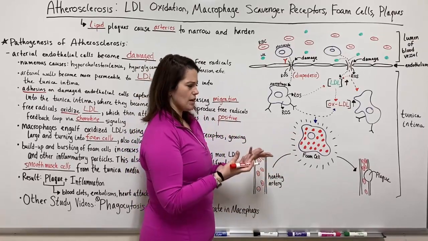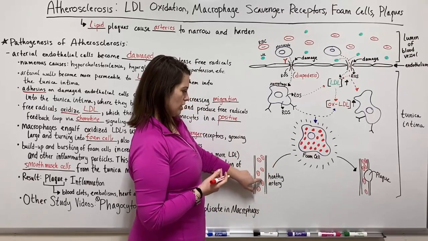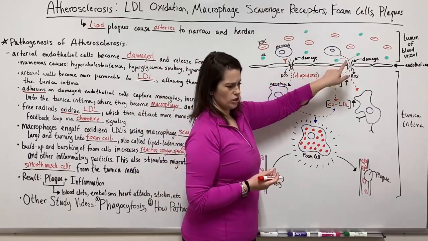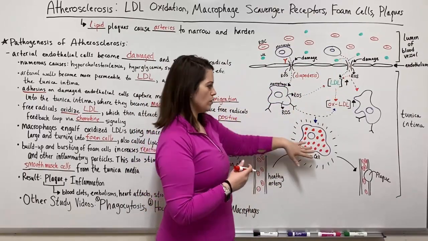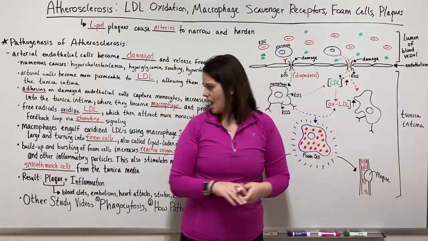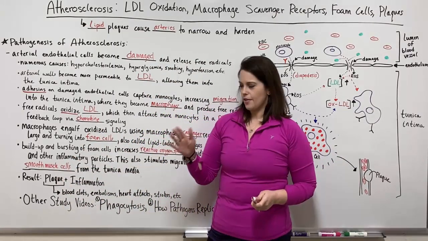And the result of all of these steps, of all of that buildup and breakdown of foam cells, the migration and proliferation of the smooth muscle cells, is you go from what was originally a healthy artery that sustained some kind of damage, and through the activity of those foam cells and the smooth muscle cells moving in, you get the production of a plaque. And the plaque itself can then cause other issues.